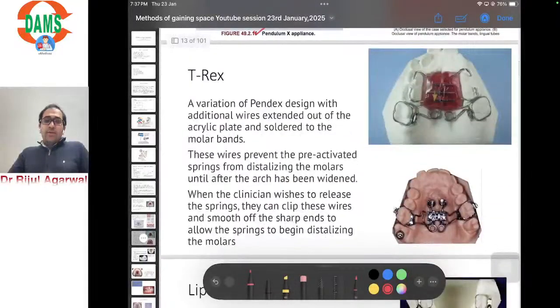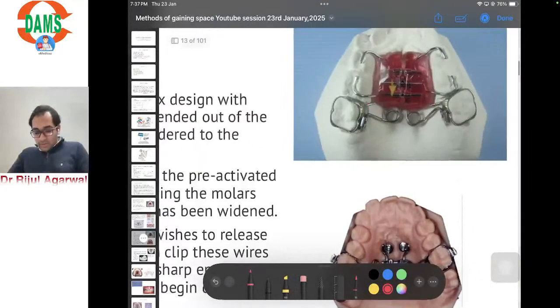Next is the T-Rex appliance. It's a variation of the pendex appliance with the presence of additional wires which extend out from the acrylic plate and solder to the molar band. These are the additional wires which are soldered to the molar band. The advantage of this is, in the pendex appliance, the expansion and the distalization occurred simultaneously.